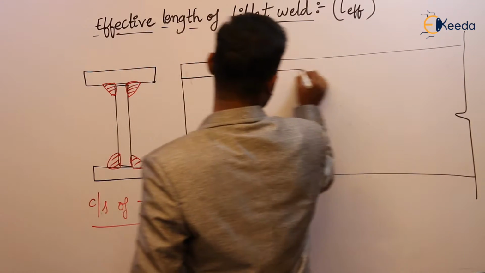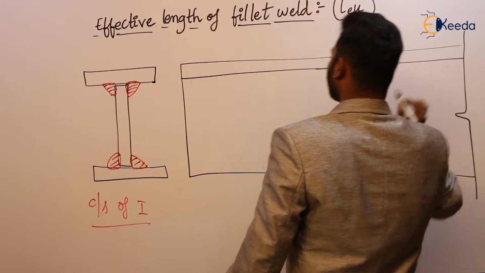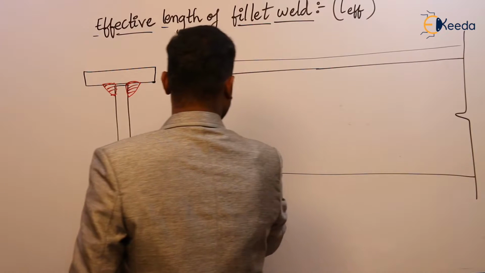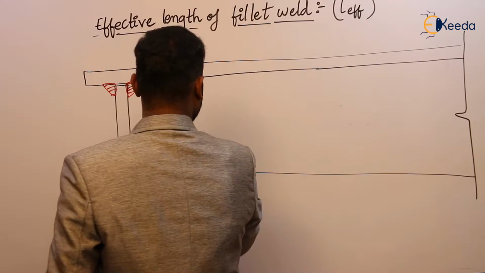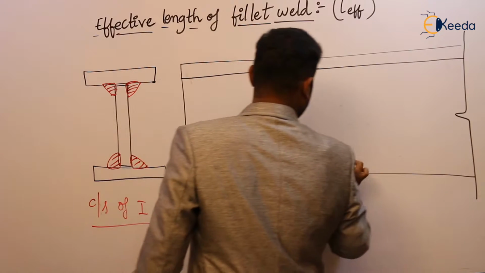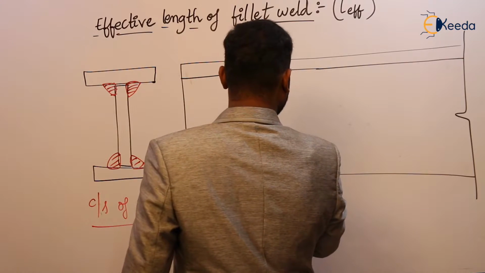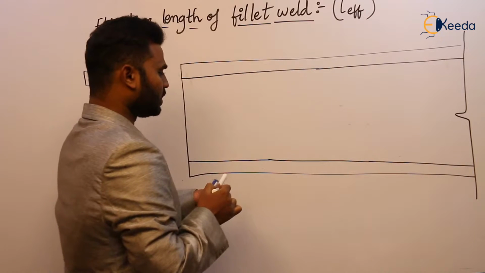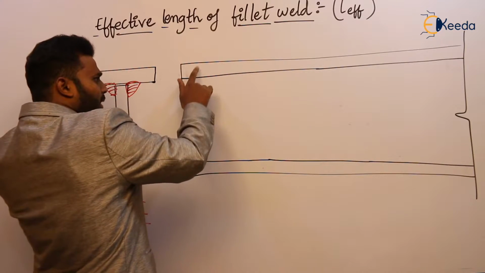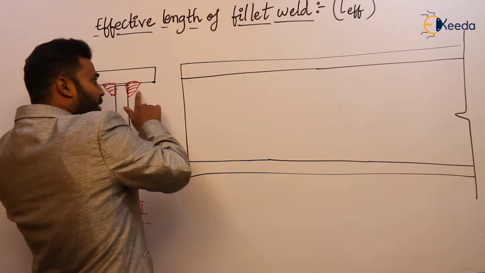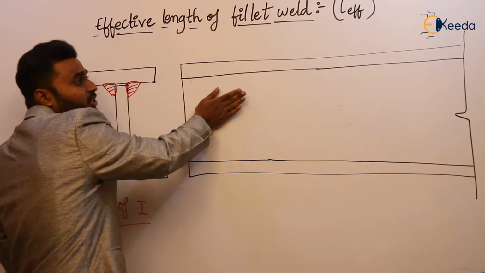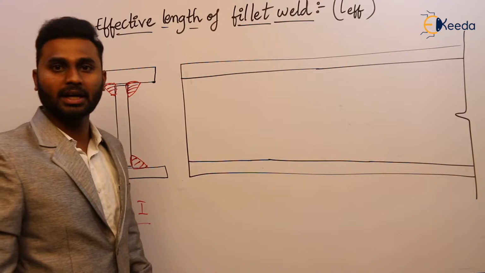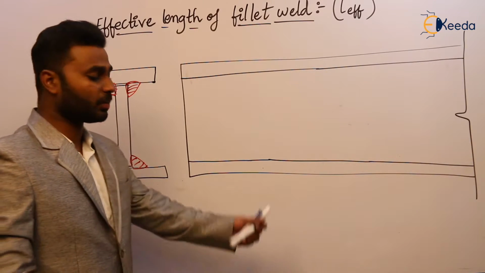This is the top flange plate, and this is the bottom flange plate. Now this flange plate is connected to the web plate by using a fillet weld, and in this view we can see the length of the fillet weld.